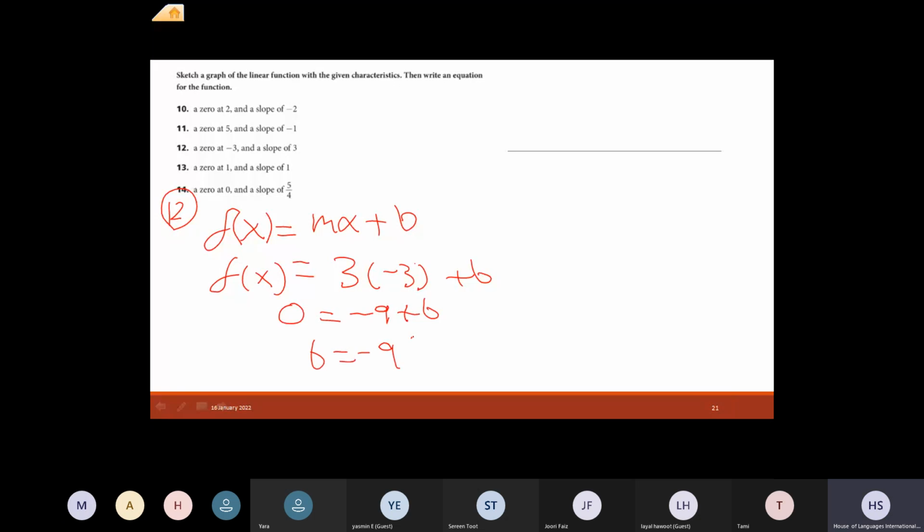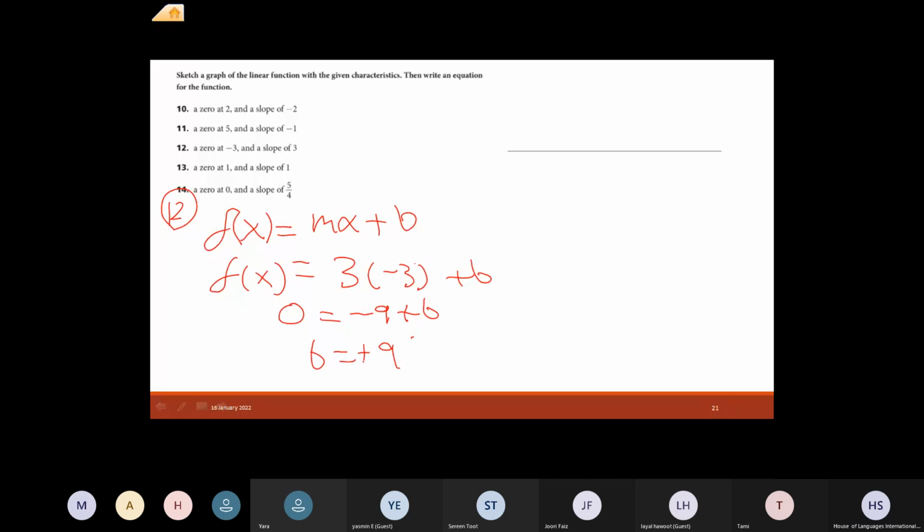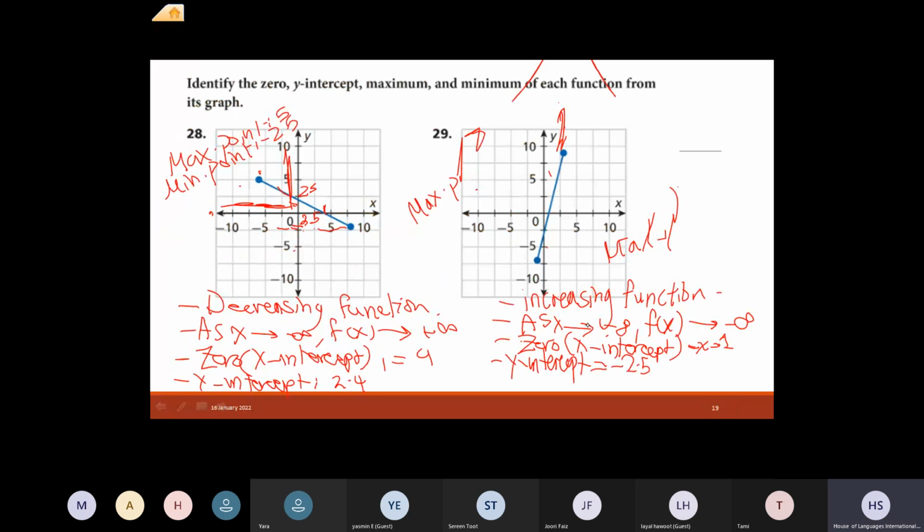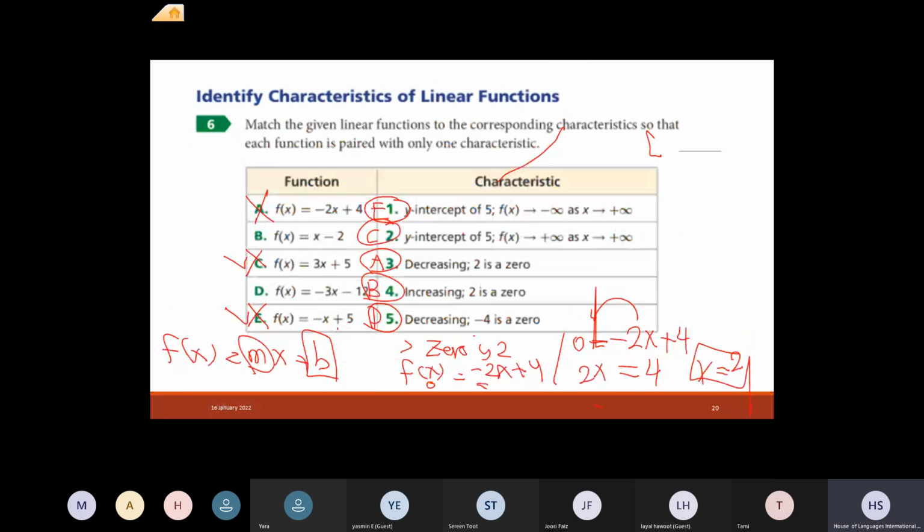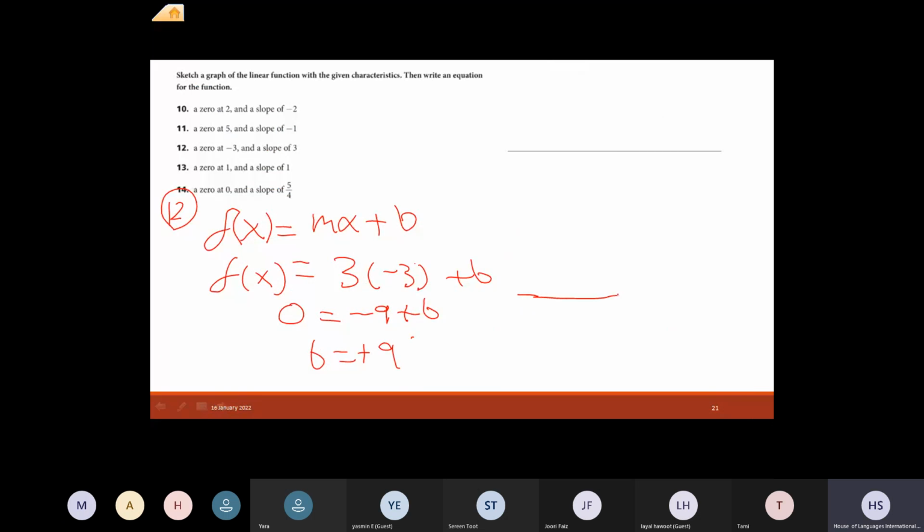Positive now. That's okay. Like this. So you found b and you have the slope. How do you write the function? Write it down.